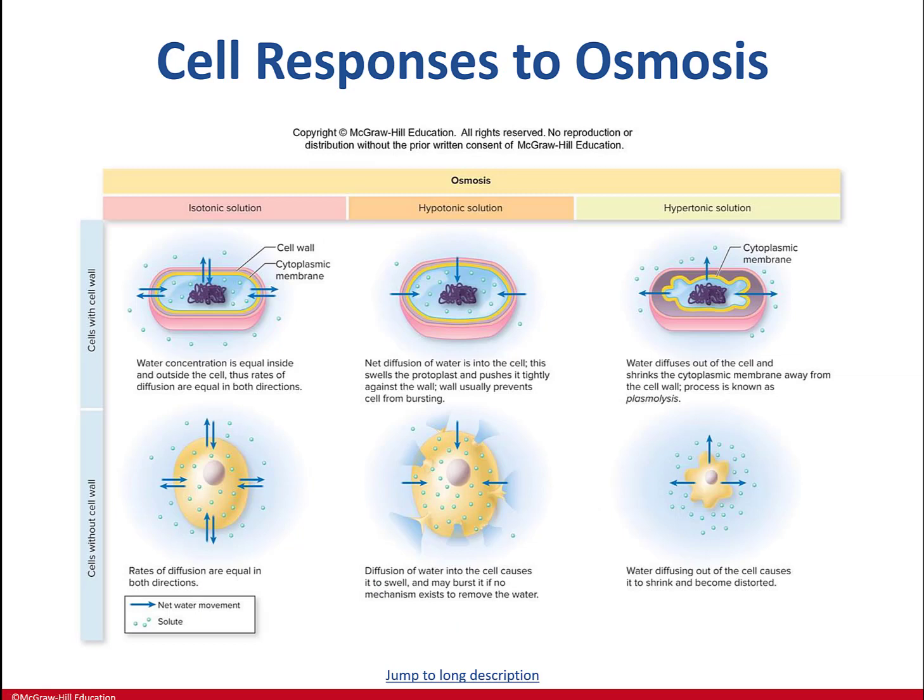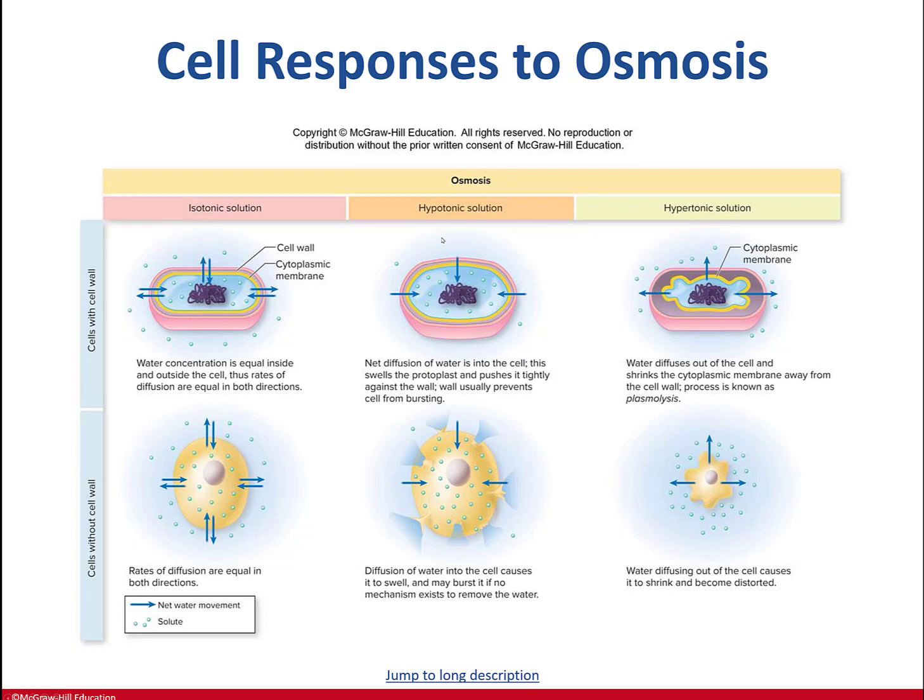And that works. And then the cell's response to osmosis: iso is the same. Hypo, like a hypodermic needle, and hyper, like hyperdermic. So hypo is below, hyper is above. And so if you remember, cells with a cell wall, cells without a cell wall, is just the same process, but has a little bit more of a meaning, I guess, in some ways.